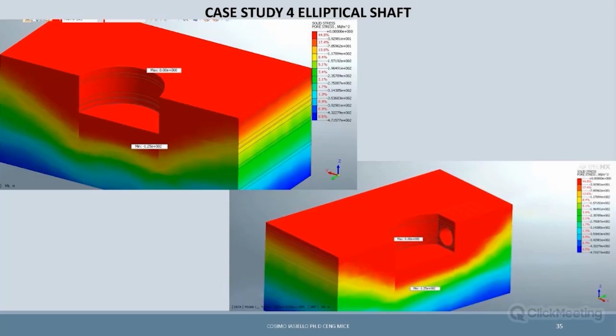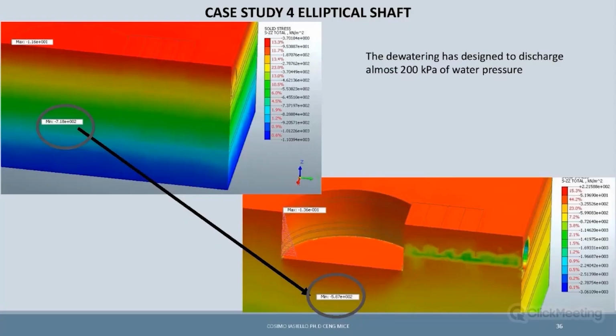Here you also have a tunnel, so it is important to define the dewatering in this area. Okay. Finally, as you can see, the dewatering was designed to discharge almost 200 kPa of water pressure.